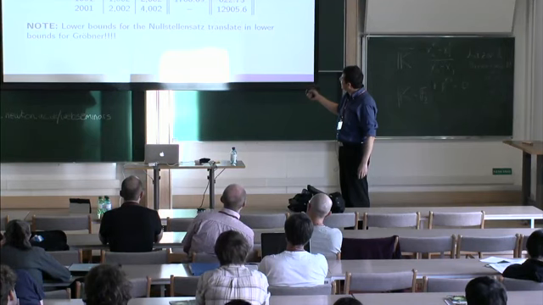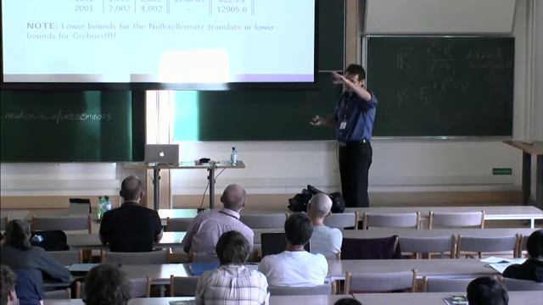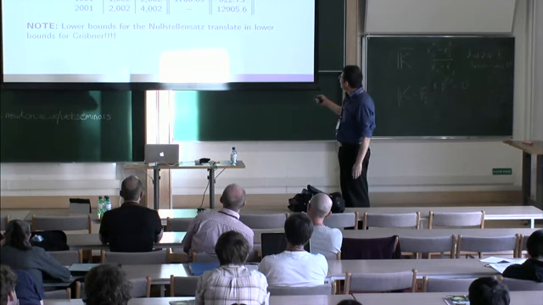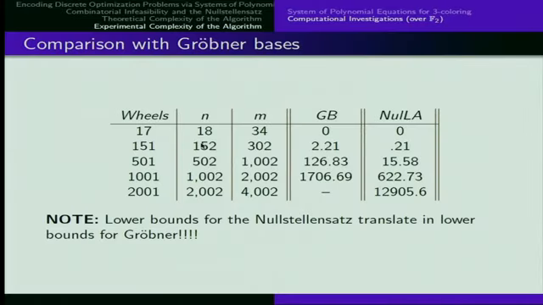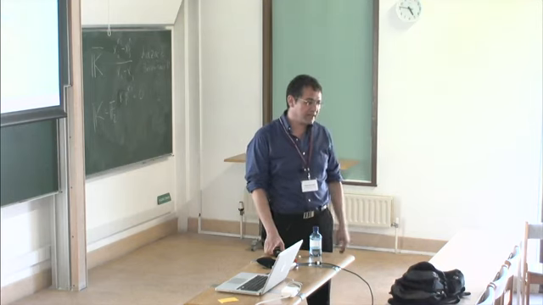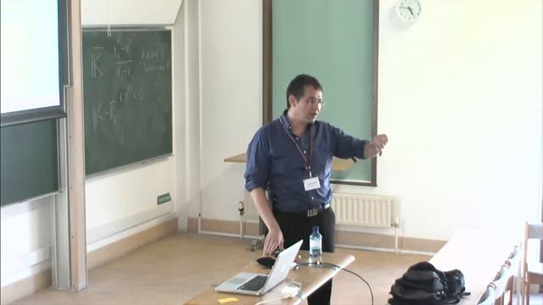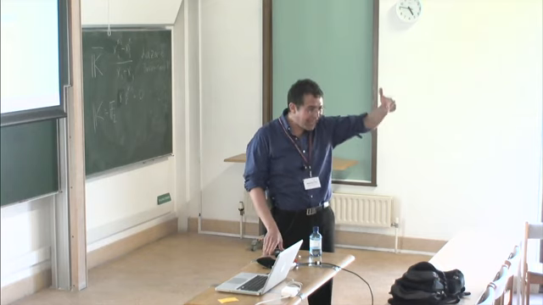So we took large wheels, if you want. But then you run the Gröbner basis, and you can see that if you take the wheel with 1,000 nodes, that's the last time you can compute it with the Gröbner basis. And it performs much worse in colorability, for 4-colorability, or when you let the k of the colorability grow.